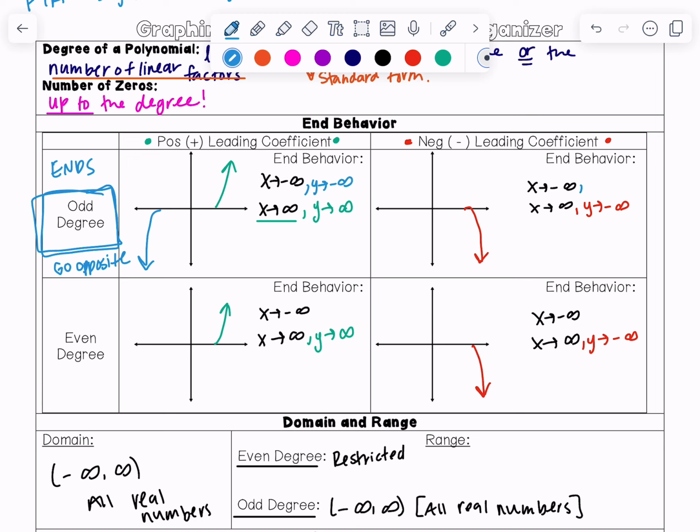And here, once again, the right-hand side is going down, so to go on the opposite side, that means that the left-hand side is going to go up. We start with that leading coefficient to determine what the right-hand side is doing. And then if our degree is odd, our left-hand side goes in the opposite direction. But if our degree is even, that means our ends do the same.